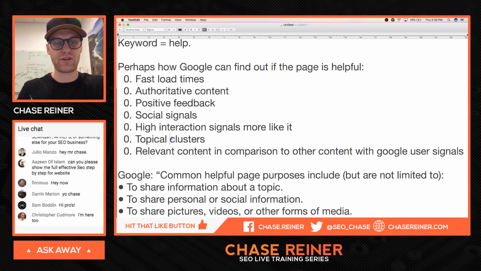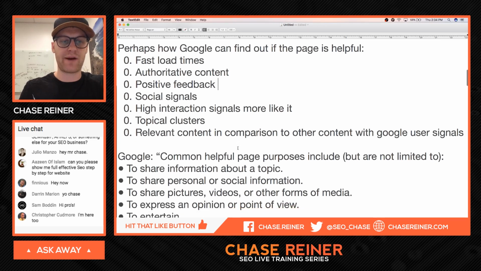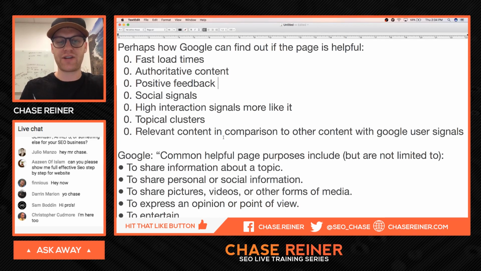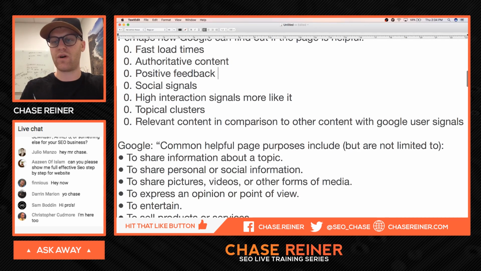Topical content clusters, which means having content clusters of information around your main subject. So you're hopefully an entity that gets recognized based off its content and these other things for what it's talking about. Relevant content in comparison to other content with Google user signals.